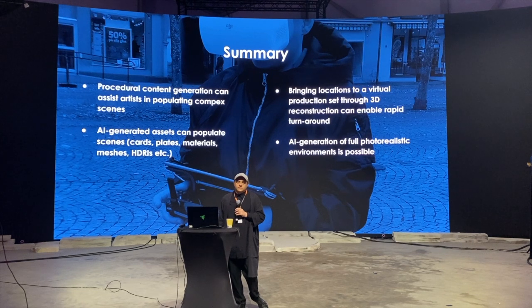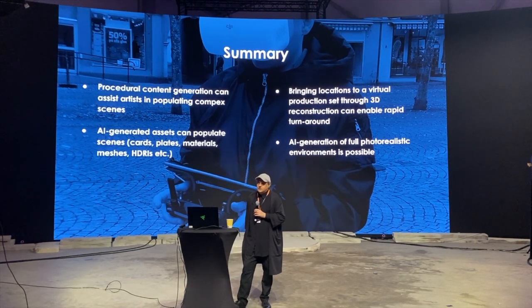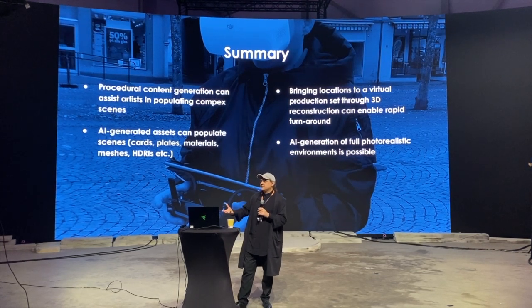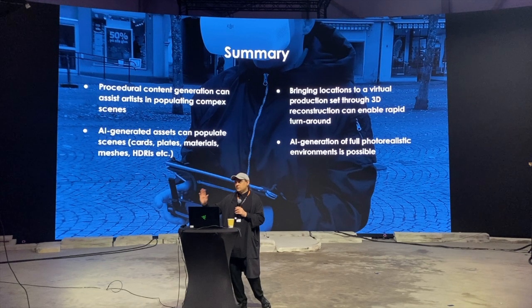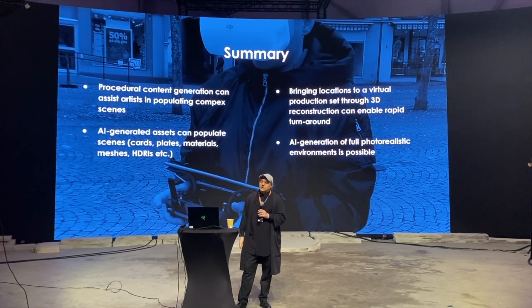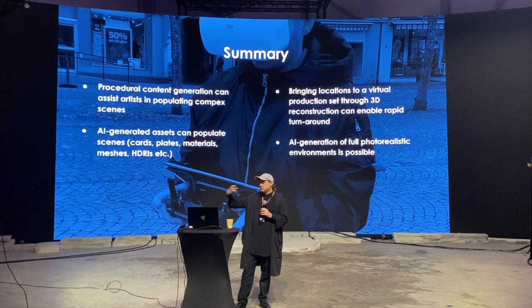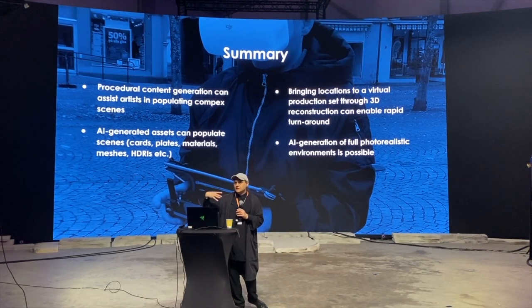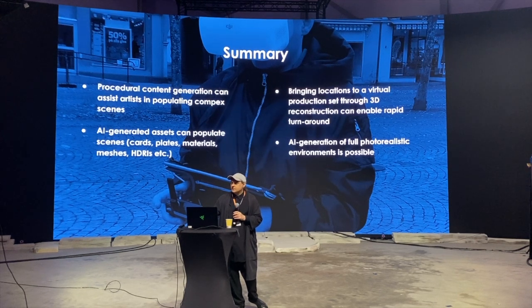Another approach is, of course, to generate individual assets. It can be materials, it can be meshes, it can be lighting environments, or two-dimensional cards or plates. And cards and plates can be enhanced with depth information or normals to create the possibility of light interplay and integrating the 3D scene.